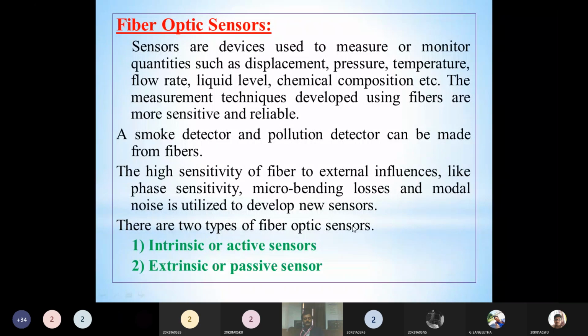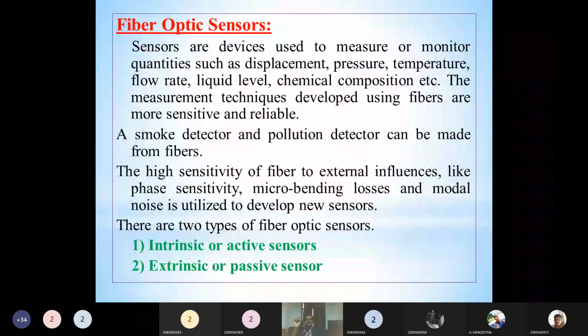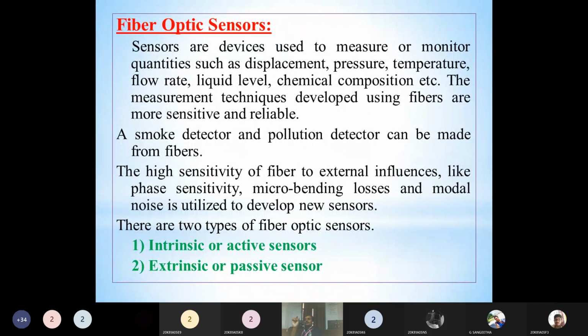develop new sensors. We already discussed the attenuation losses in optical fiber, and based on those attenuation losses, these sensors will work. Because in between, if there is any problem, say oxygen gas is present, oxygen gas absorbs a particular wavelength of the radiation.